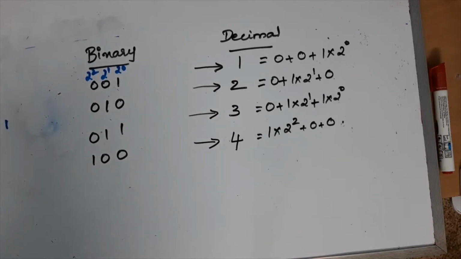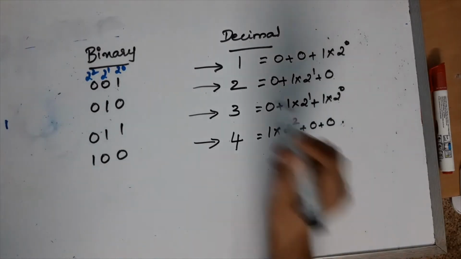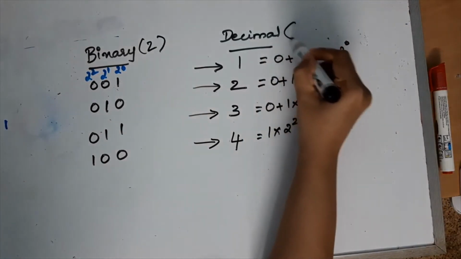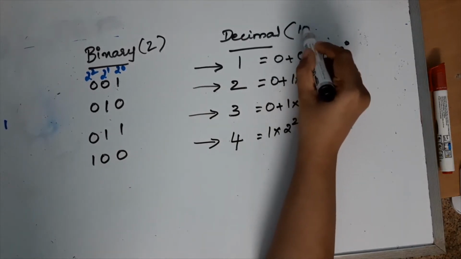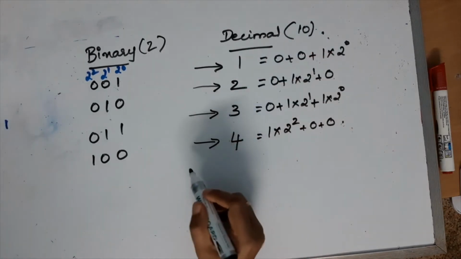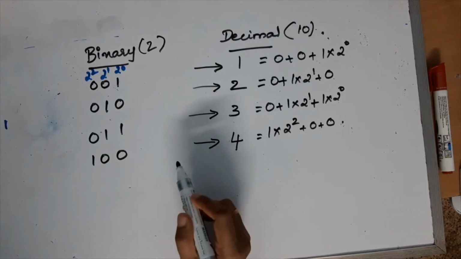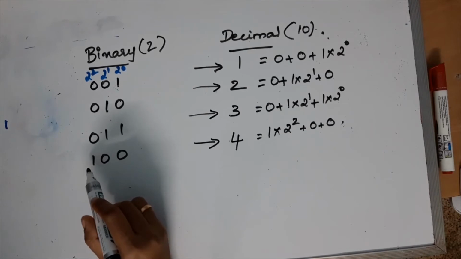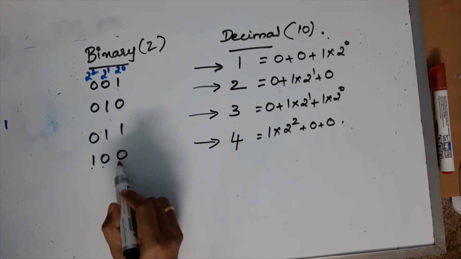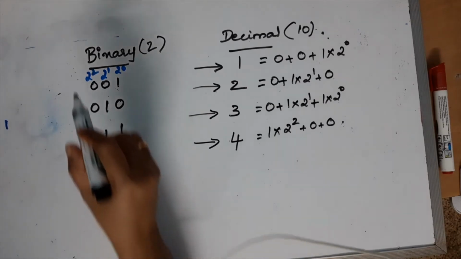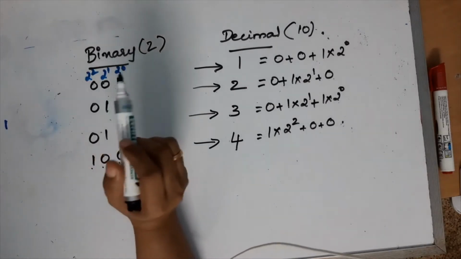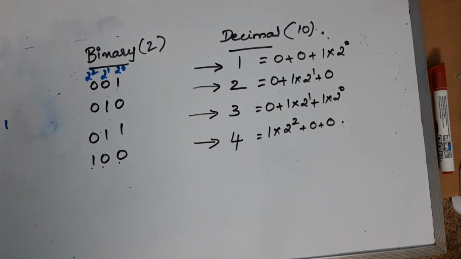Or in general, to convert a number in a particular base to decimal, that is, binary has a base of 2 and decimal has a base of 10, in order to convert any number in any number system to decimal, you have to multiply each digit with the corresponding weight. So this is till 4.